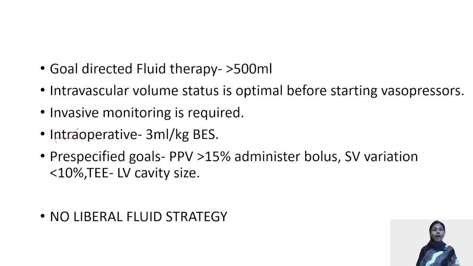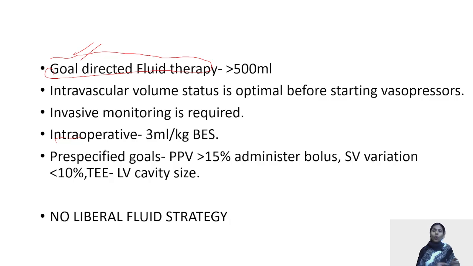You all have to remember this word, because this word is asked a lot these days. It is like giving more than 500 ml of fluid, okay, as part of the replacement. And intravascular volume status is optimal. First, you have to give fluid and then only vasopressors have to be started, which is very much in contrast to restrictive fluid therapy, in which early initiation of vasopressors is always preferred.